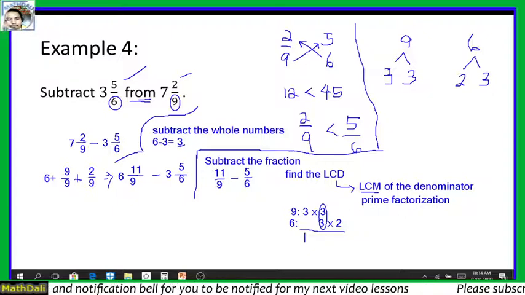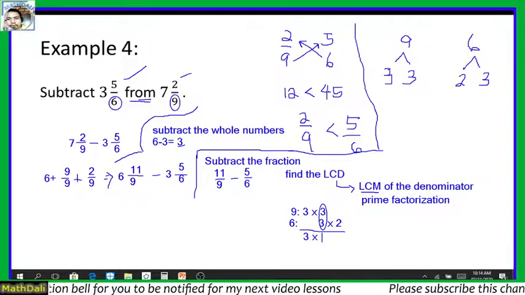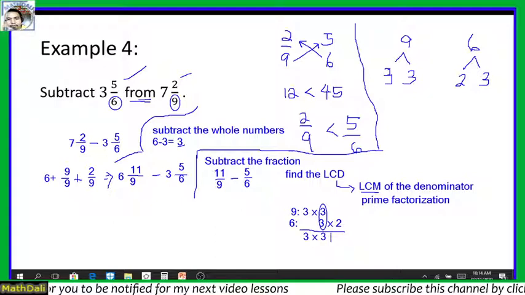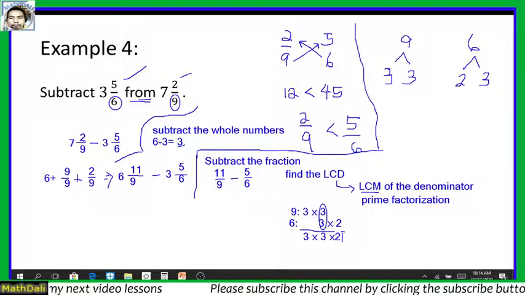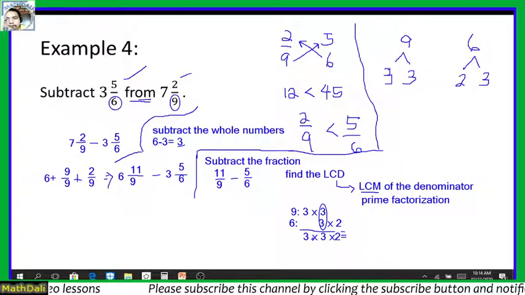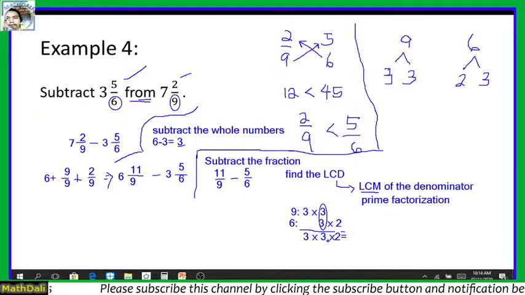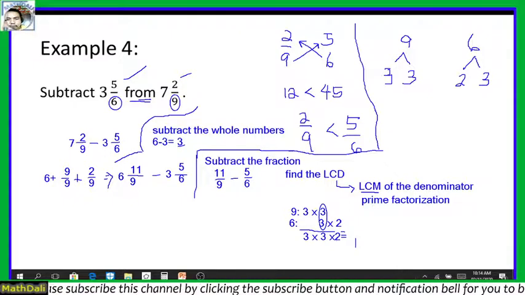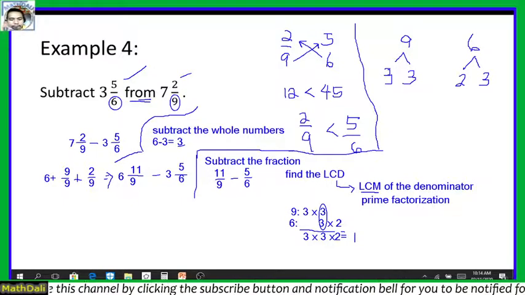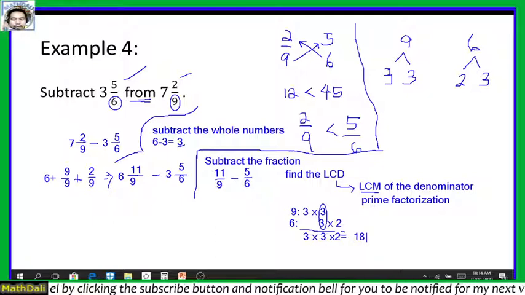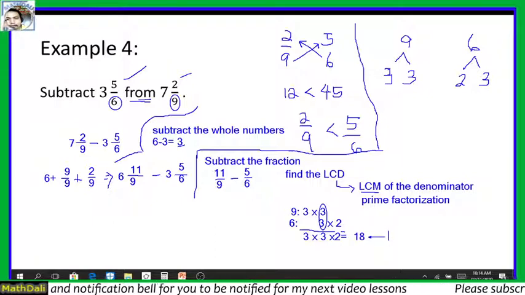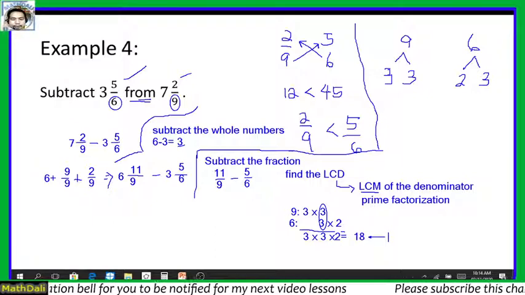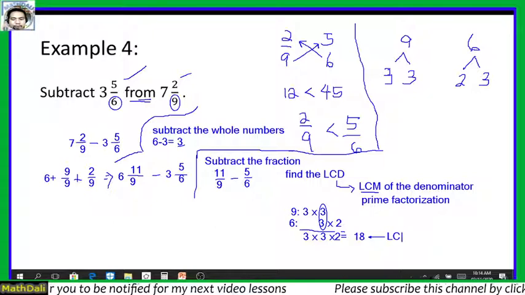So, we have 3. 18 is what we call the least common multiple.